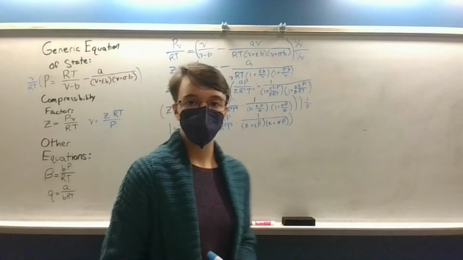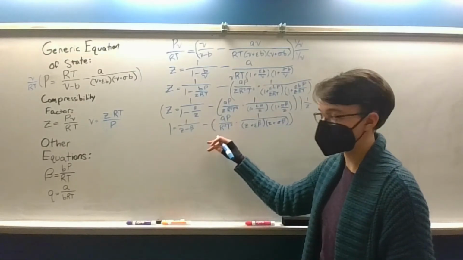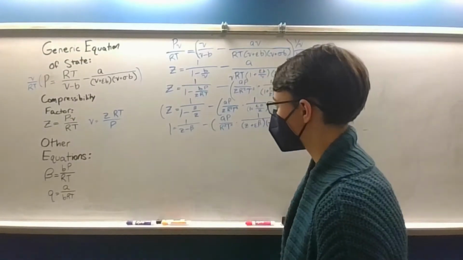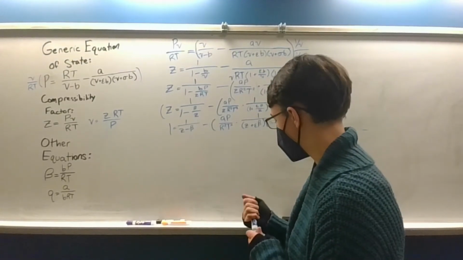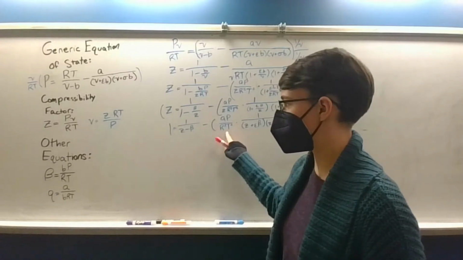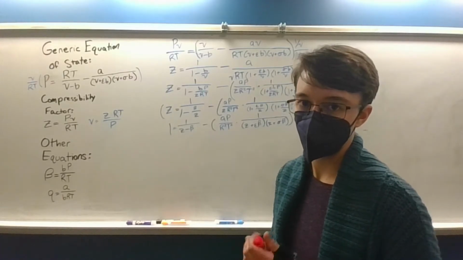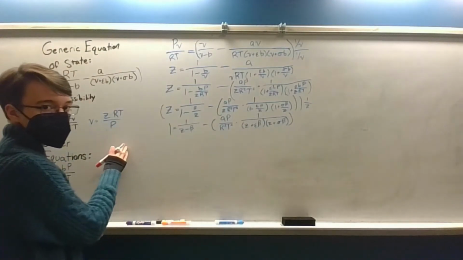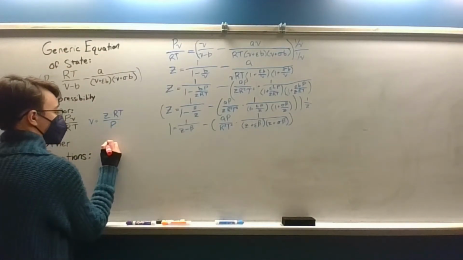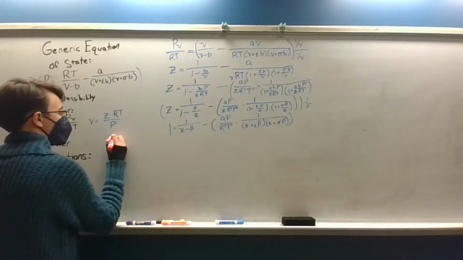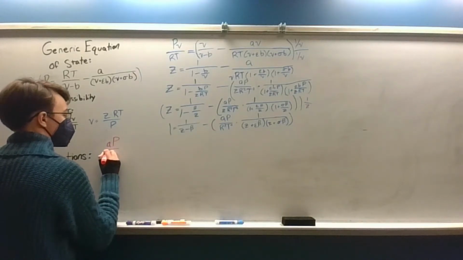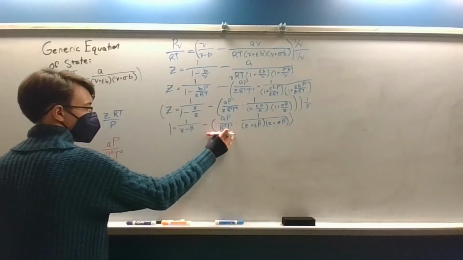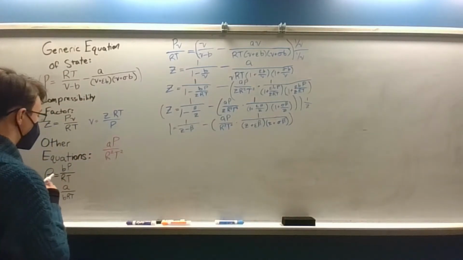So next, you'll notice that this term is still looking a little clunky, and we haven't used this Q at all yet. So we can just come over here and split this up and see if we can make it a Q. So I'm going to come over here in pink so it's different and stands out. So I'll have A times P over gas constant squared times temperature squared, so that's just this term right here, over here.